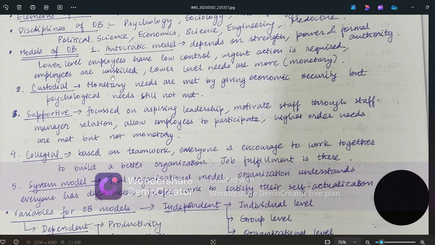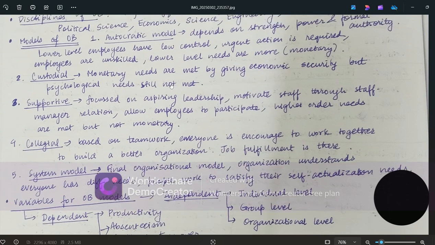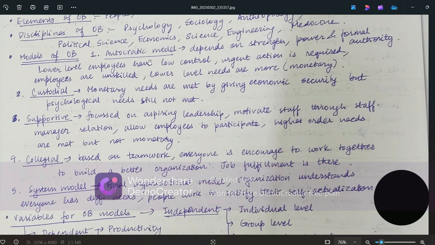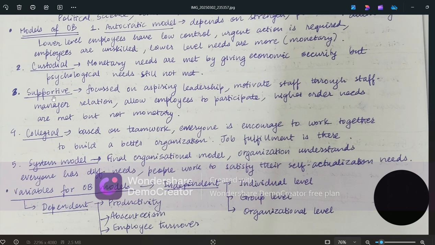So it depends on the power that the formal structure or hierarchy gives you. Lower level employees have low control over everything and urgent action is required. Employees are unskilled and lower level needs, like monetary needs, are more. In this kind of case, the autocratic model is more useful.